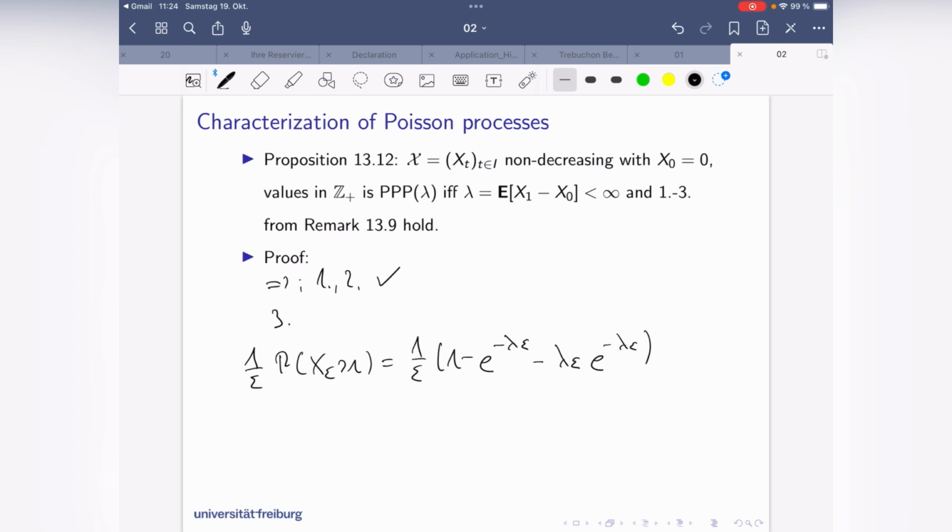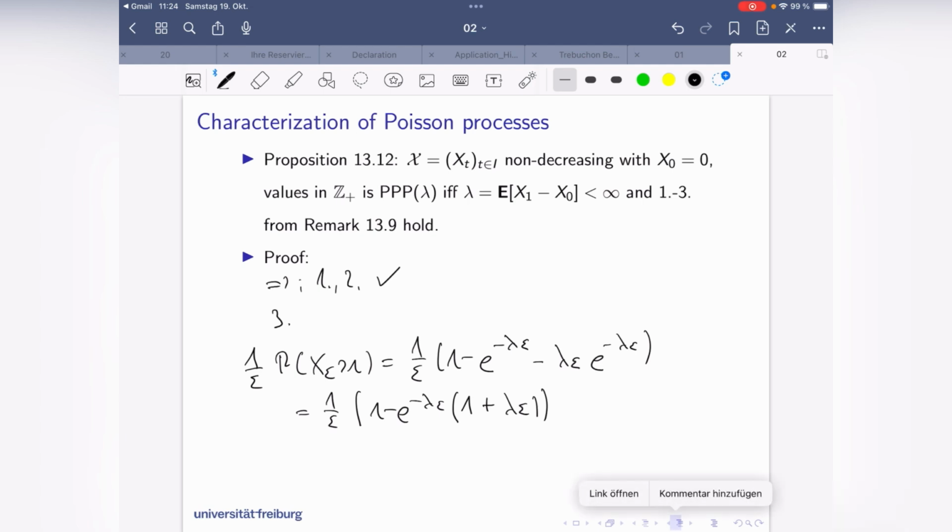Well, I can also transform this a little bit in order to really get a nice thing: 1 minus e to the minus lambda epsilon times 1 plus lambda epsilon, like this here.